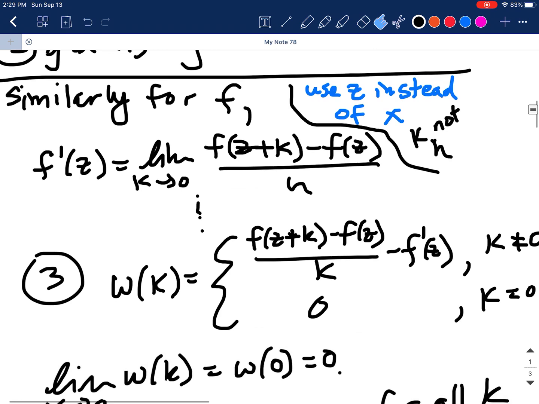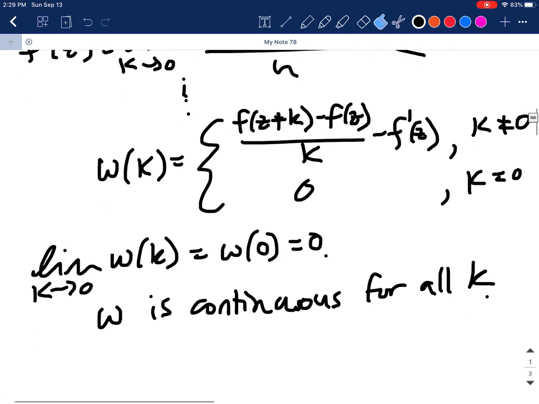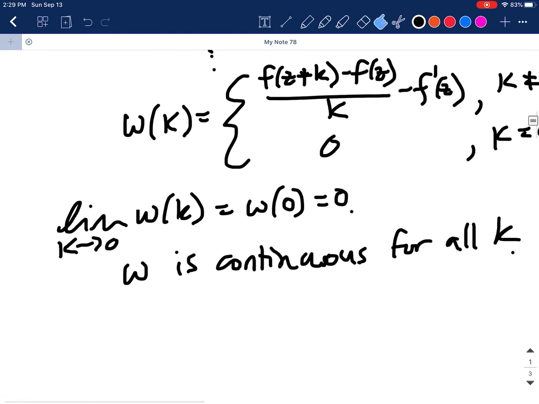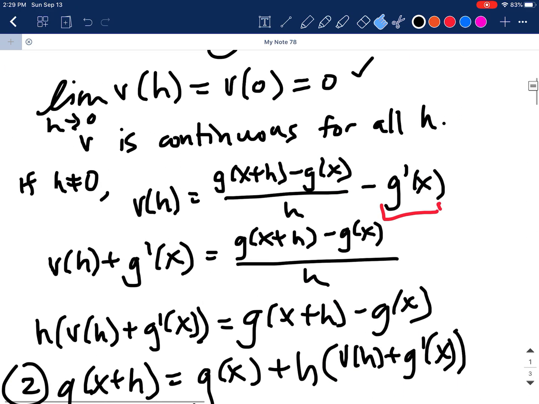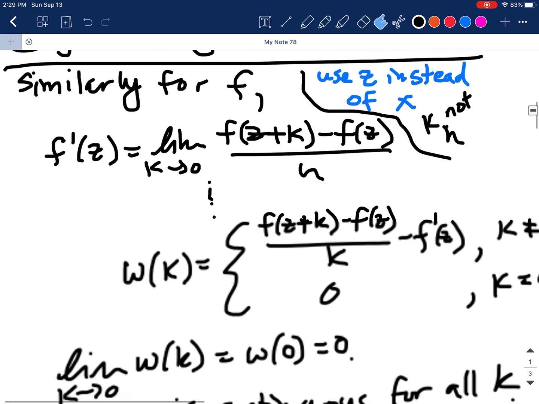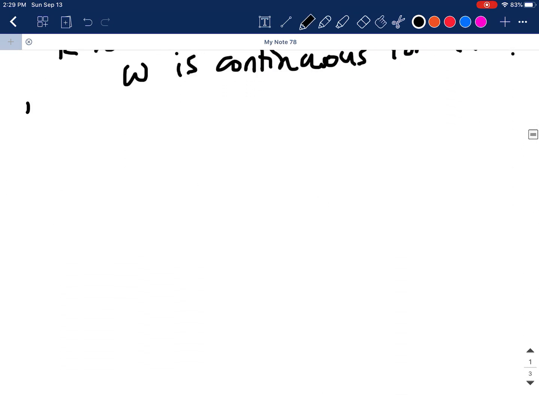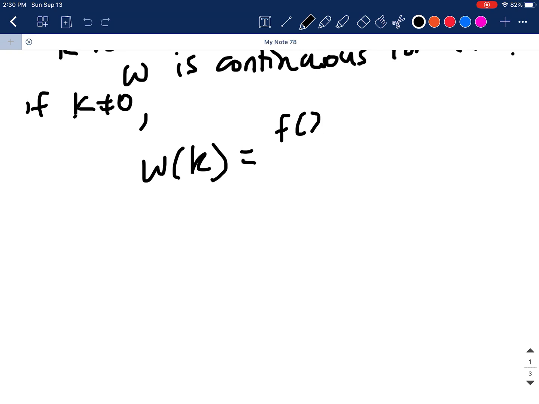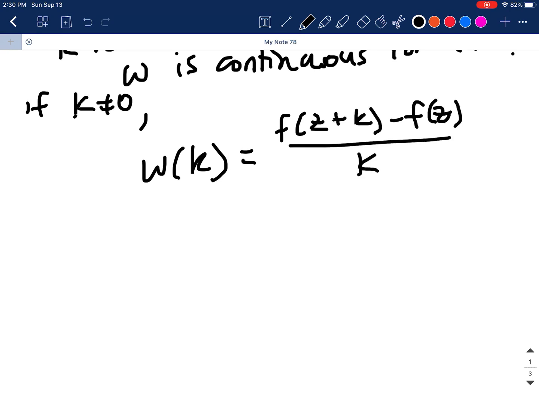Oh, sorry, that's not going to be number 3. And then what we're going to do is the exact same thing. We'll also rewrite w like we did v. We'll rewrite when k is not 0. So note k is not 0, then w of k is equal to f of z plus k minus f of z all over k minus f prime of z.